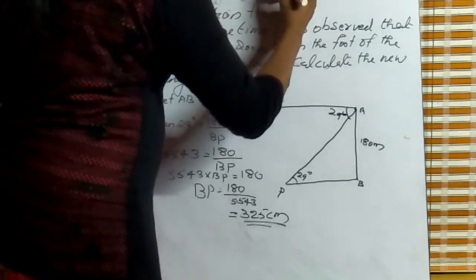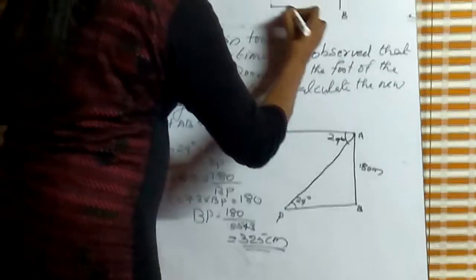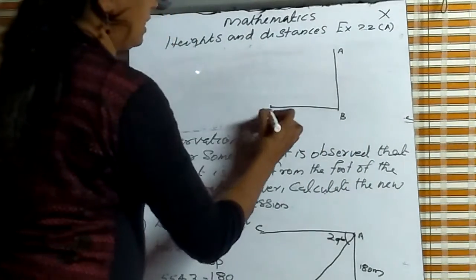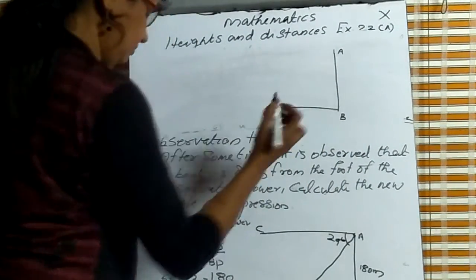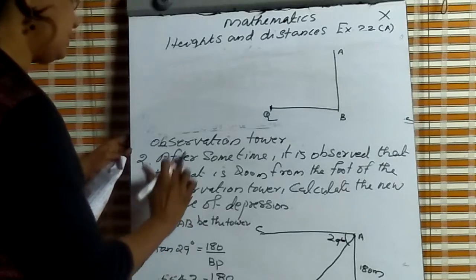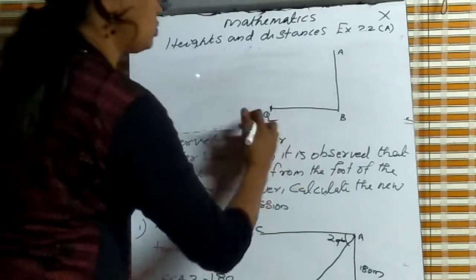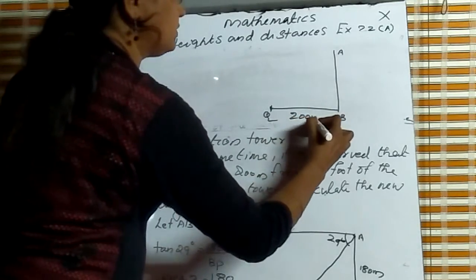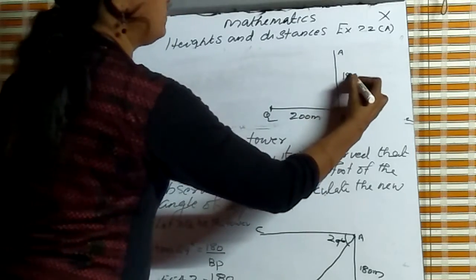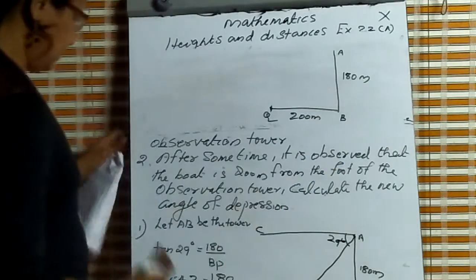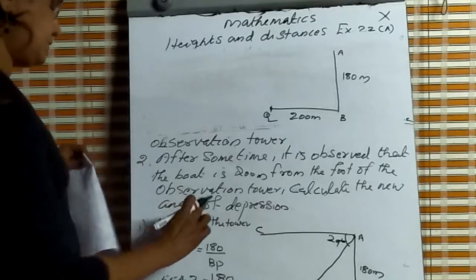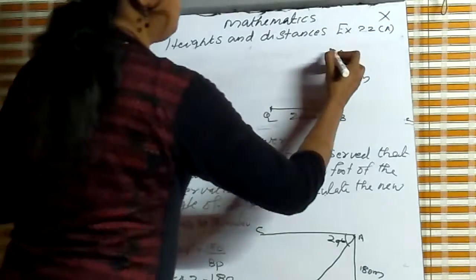The second position of the boat is this point Q, 200 meters away from the foot of the tower. This distance is 200 meters and AB is given 180 meters. We have to calculate the angle of depression.